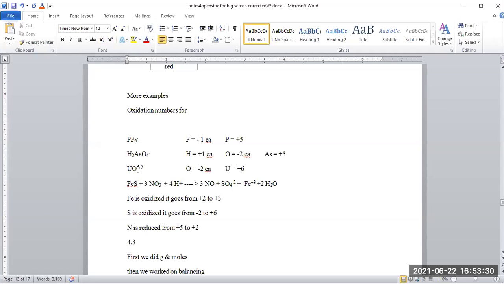Let me see if I can fix this. It's supposed to be UO2 +2 in order to have the uranium be 6 positives, because that way I have 4 negatives and 6 positives, which gives me 2 positives left over. When I type this out from some previous notes, I definitely kind of screw that up a little bit.